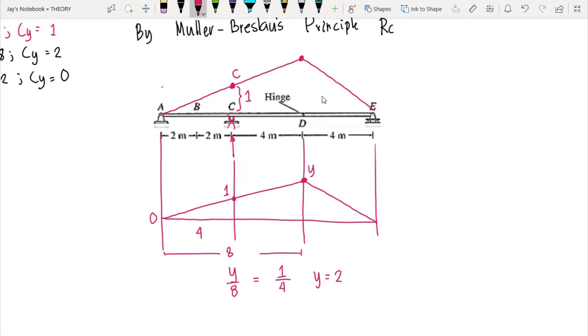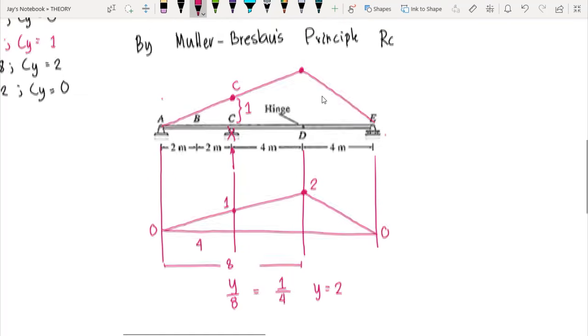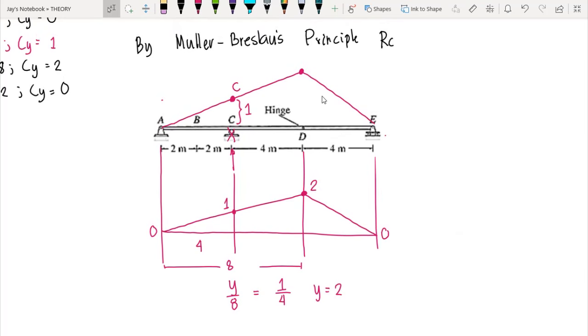So therefore, the coordinate at point D is 2. And the coordinate at point E is equal to 0, since we have a support at that point. So this is the influence line of our beam for the reaction at C using the Muller-Breslau's principle.